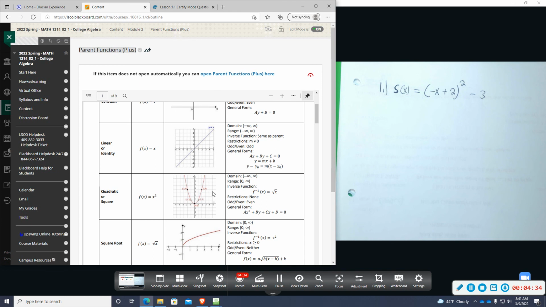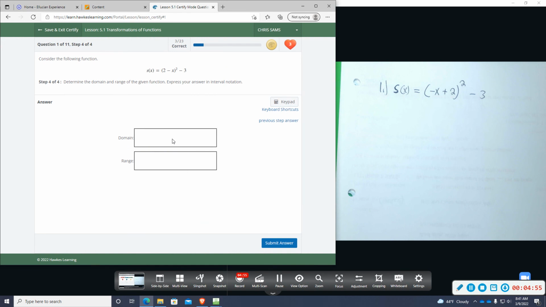So in this graphic, they're showing you the domain and range of the quadratic function, or the x squared. Since the domain is all real, there's not any shift that's going to change it. So it's still going to be all real numbers, or negative infinity to positive infinity. So your domain here is not changing. Even though I moved it, I'm still getting all the numbers on the axis.